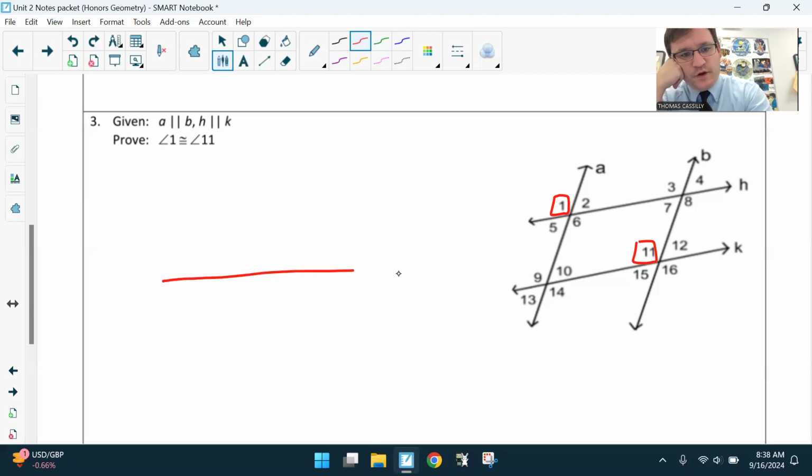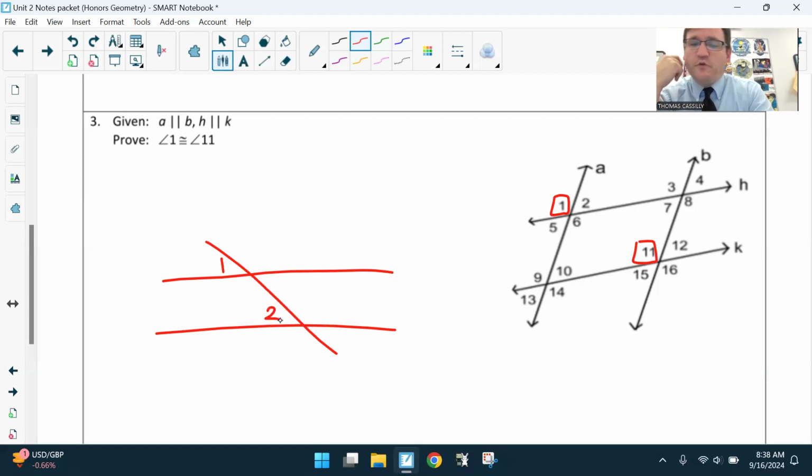If we have two parallel lines, those are corresponding angles because they're in the same position. However, if we look at this one right here, angle 1 and angle 11 are not corresponding angles because they don't have a line in common at all.